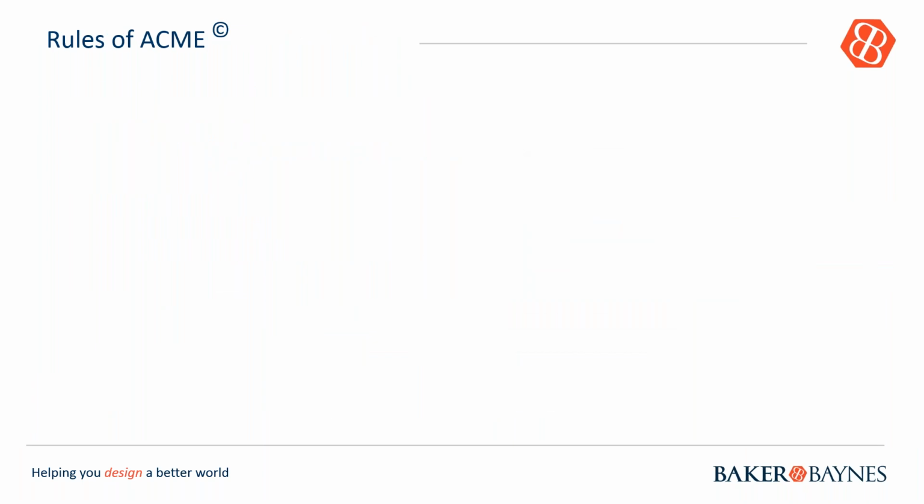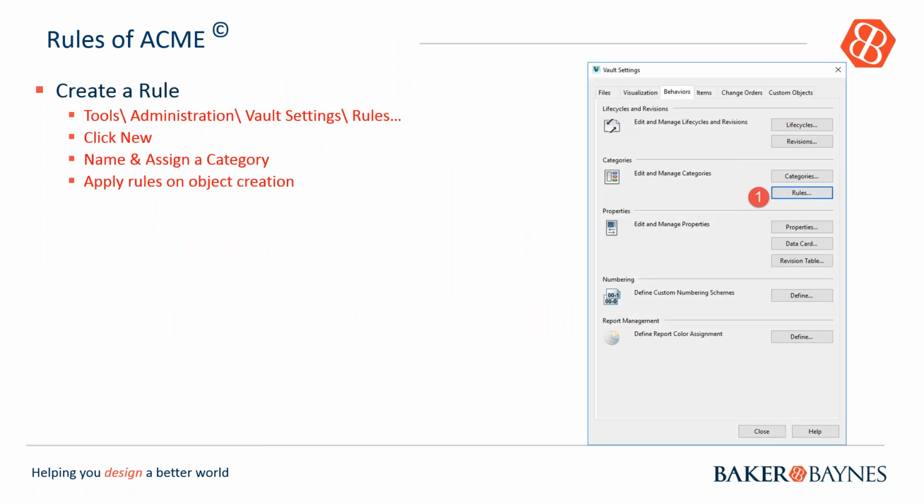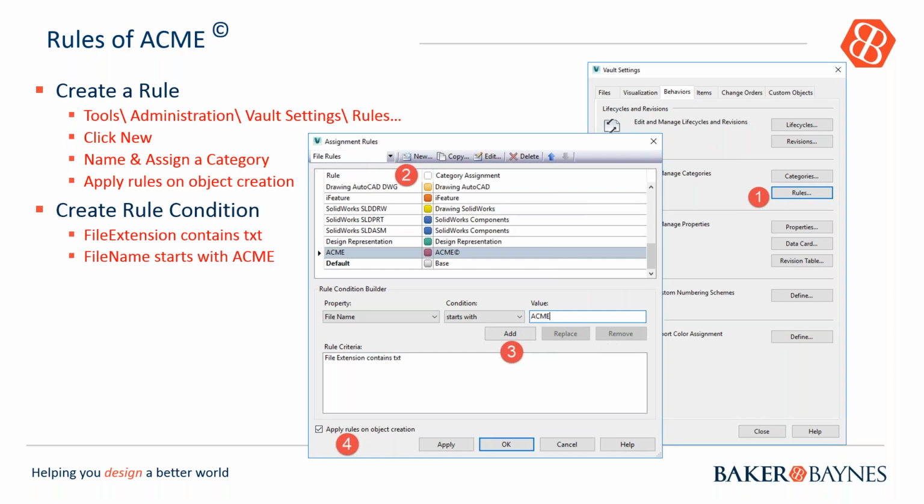Okay, rules. When creating the rules of the category itself, again, it's in your Vault settings, into behaviors and tools. If you click on the rules tab at the bottom there, you'll find there are specific kinds of rules that you can apply. So you can create a rule as well.